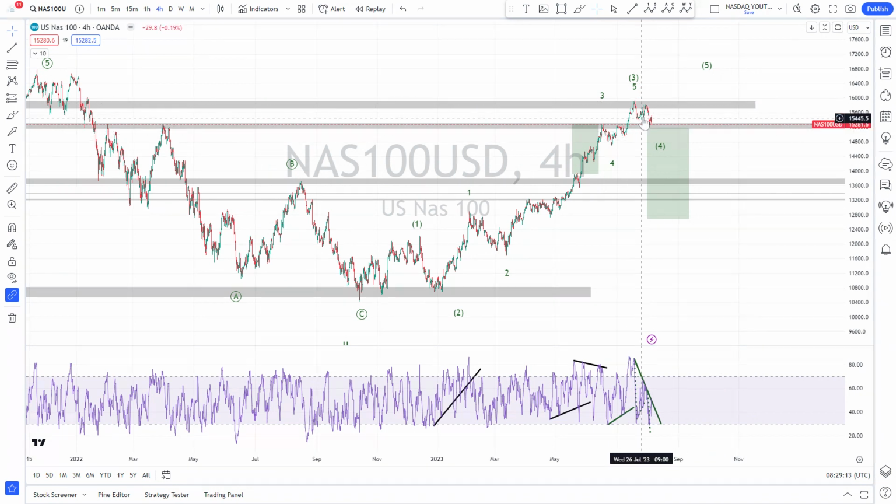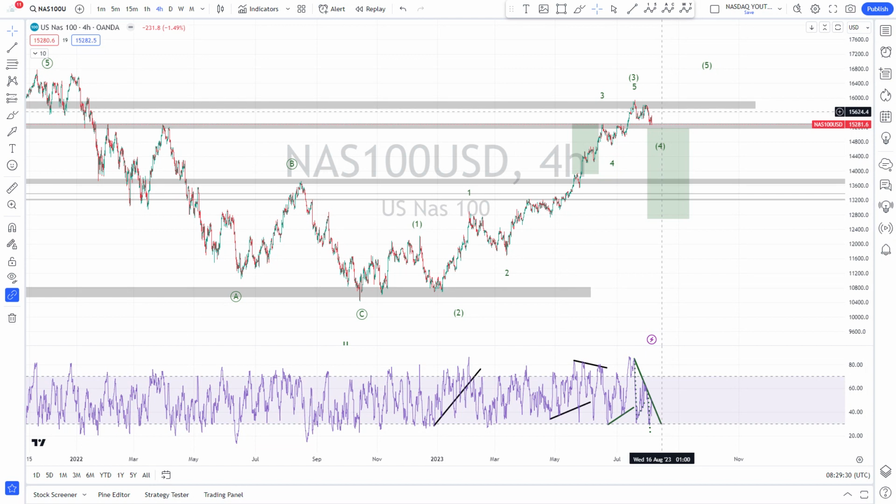Like this wave 4, do we only have a single correction? Then we should start to move up again soon, maybe one more low and then more upside from here. Can also be that we have another rally to the upside and that we fail.